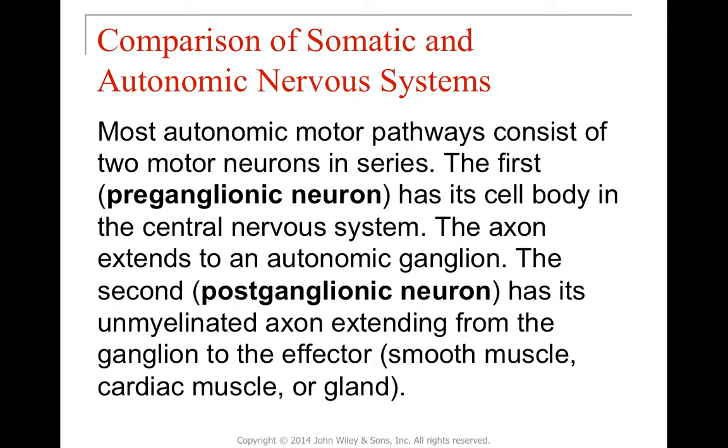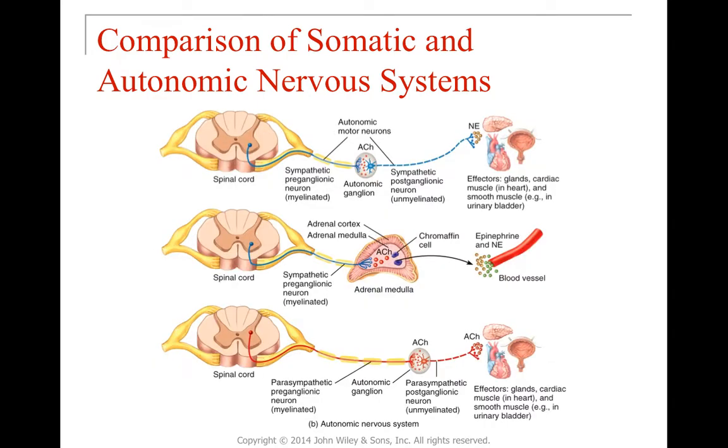I may not have mentioned that the preganglionic neuron is going to have a myelin sheath wrapped around it, whereas the second one is not going to have that myelin sheath. So the axon is going to extend directly from the ganglion to the effector, which could be smooth muscle, cardiac muscle, or a gland.